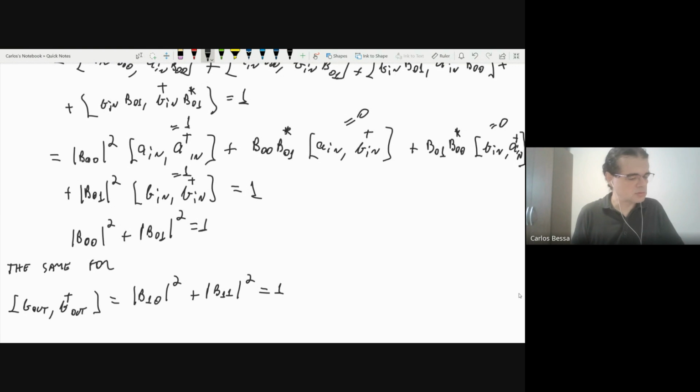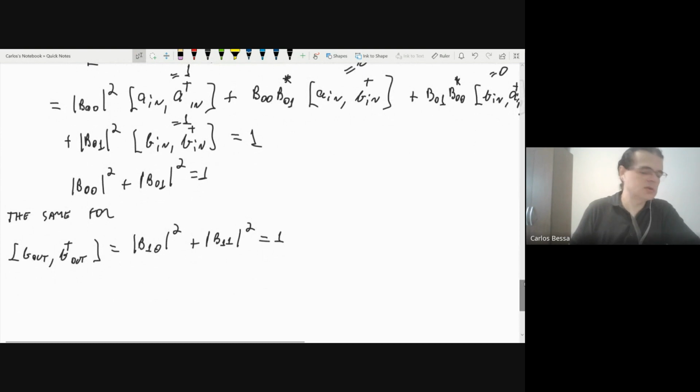And we could also use the independence of the light beams, and we could find as well A out, B out dagger, using the same procedure.